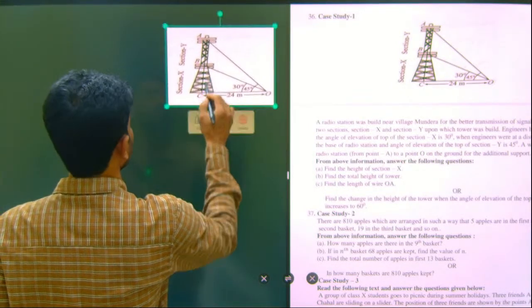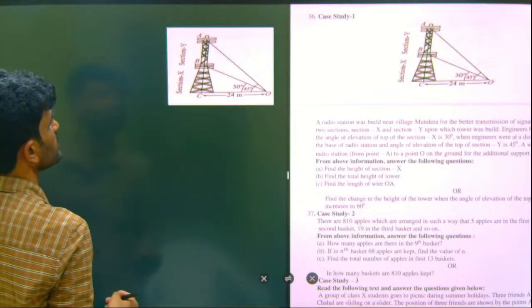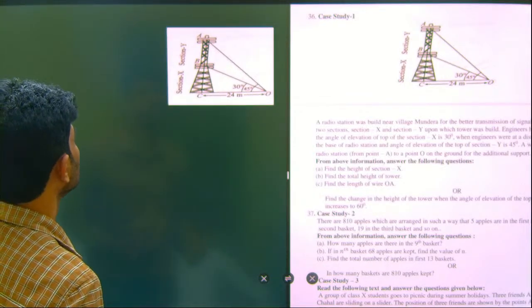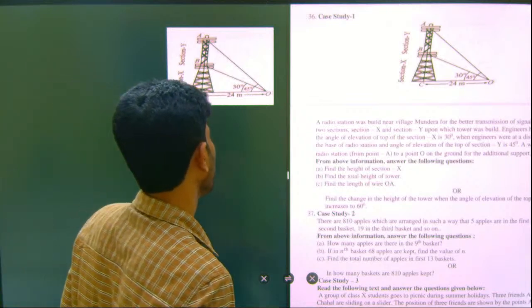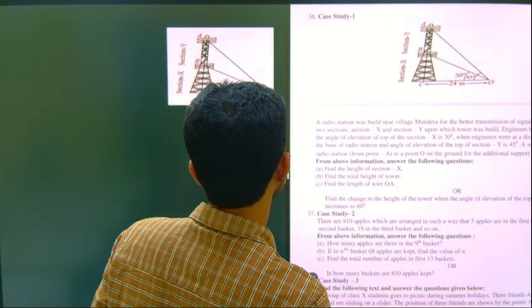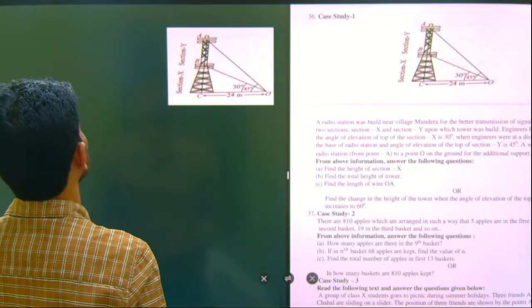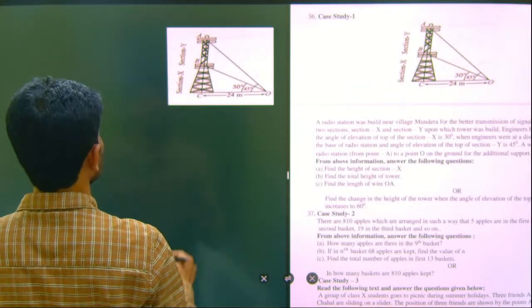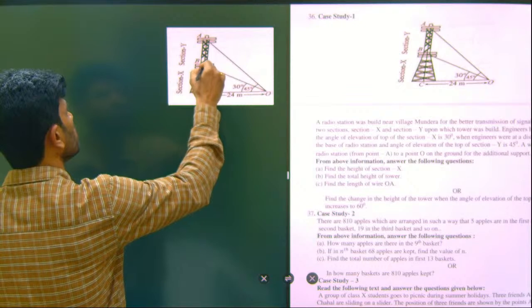In this figure, the first question is to find out the height of section X. Section X is from B to C. So this height we have to find out.